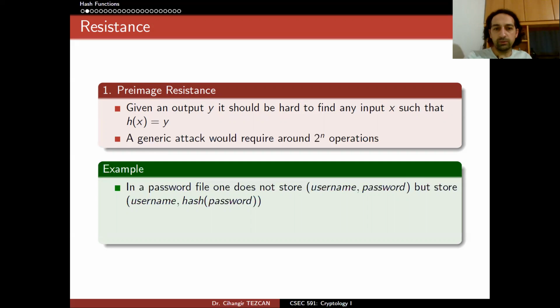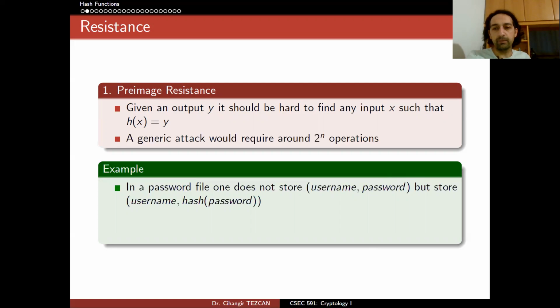Actually, this property is used for many different purposes, but a basic example would be storing passwords. In a password file or in a database where you keep passwords, what people did initially was to store the username and password of the users. Of course, this was a bad idea, and a lot of databases leaked in the past, and they leak today too. When such a thing happens, all of the usernames and passwords leak too.